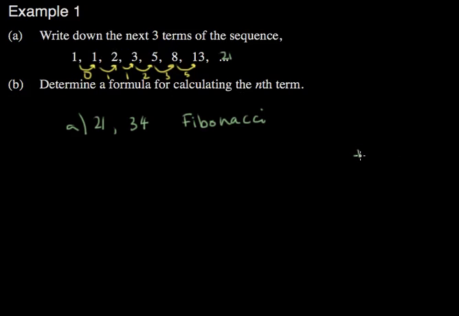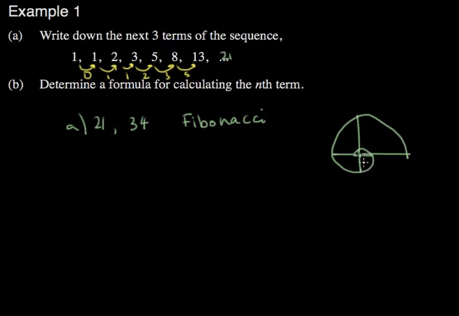So the next radius would be 2, the next radius would be 3, the next radius would be 5, the next radius would be 8, the next radius would be 13, and so on. And we just join them up. We'll get this sort of spiral pattern. And this is very commonly seen in nature. You'll see these on pine cones, on sunflower seeds, even typhoons. So you'll see this everywhere in nature.